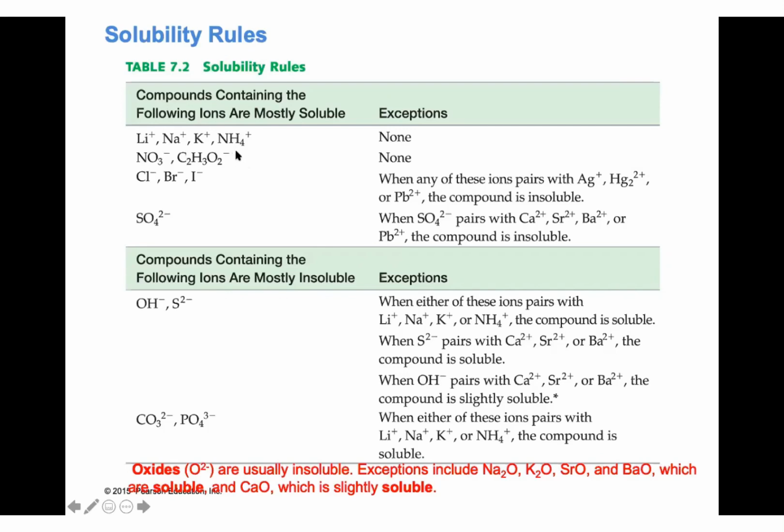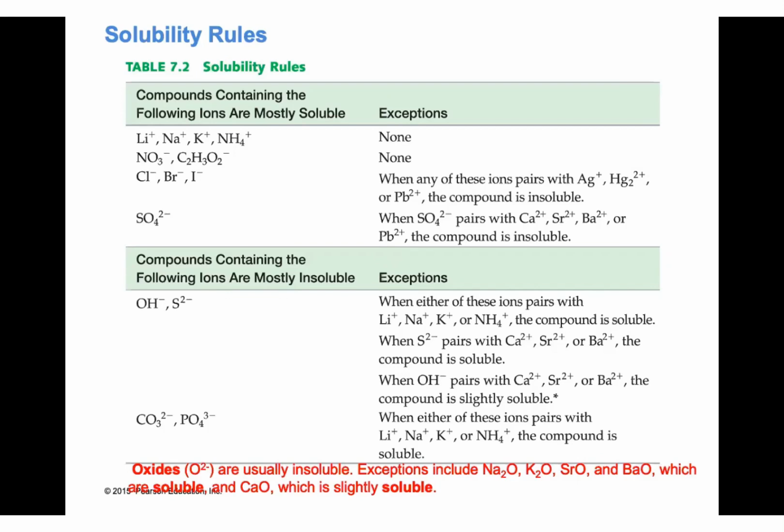Whenever you have a compound that has Li+, or to make it easier, group 1A elements, and ammonium, which is from the polyatomic ion table, it is always soluble. So you always put AQ on the right side of that compound. For example, LiCl, you always put AQ.